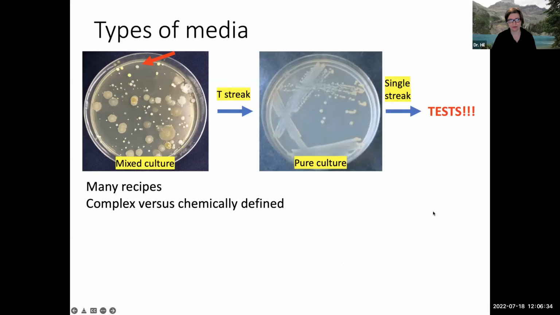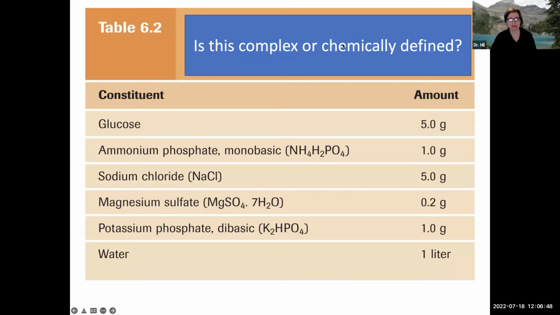Okay, great. Now, as I mentioned earlier, there's lots of different recipes for media. There's two categories, complex and chemically defined. So let's look at that, right? Here is a recipe that contains precisely measured pure chemicals. So there's a precisely measured amount of pure glucose, precisely measured amount of different salts, and then some water.